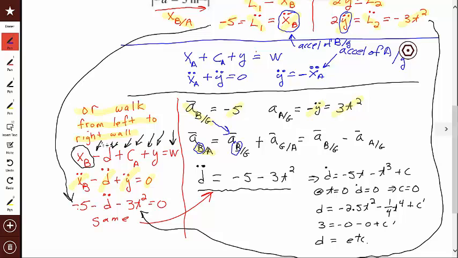So I have B relative to G. Now I've got to get rid of the G and get an A. So what I need is to add G relative to A, and this will give me a valid equation because the subscript starts with B and ends with A, and the intermediate ones are the same, G. Okay, so that's a valid equation, but unfortunately I don't have this term.